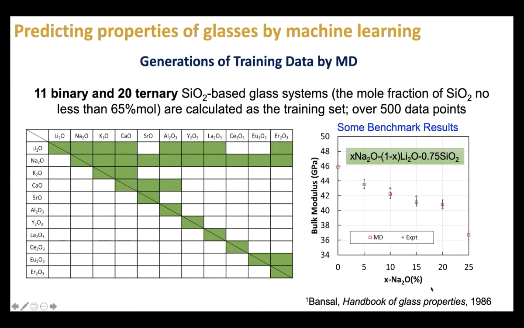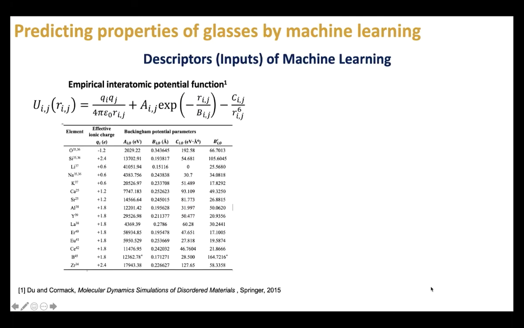And then, in the next step, how do we generate the input of our machine learning? MD can give us the output of our machine learning, but for input, here we found that MD can help as well. All MD is performed based on empirical interaction potentials, as in the function shown on the left, which describes the interaction between any two atoms or ions inside this MD simulation system.